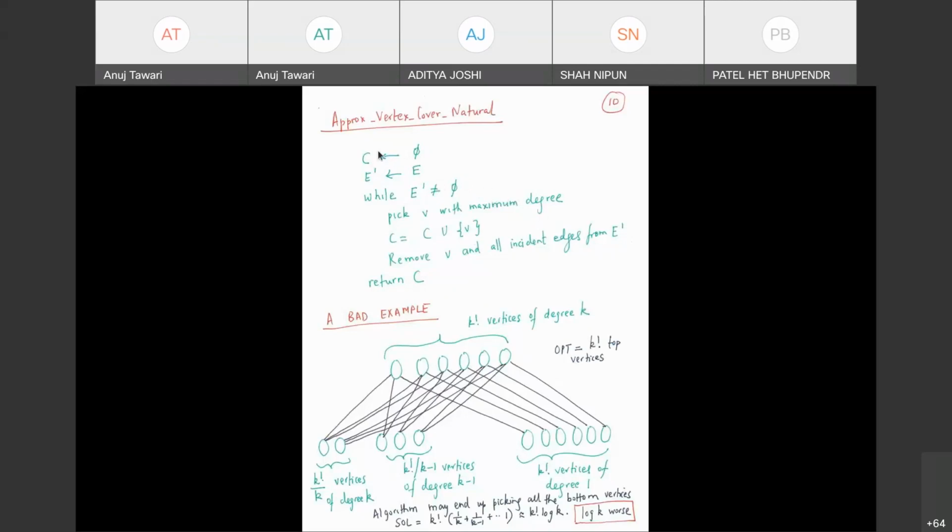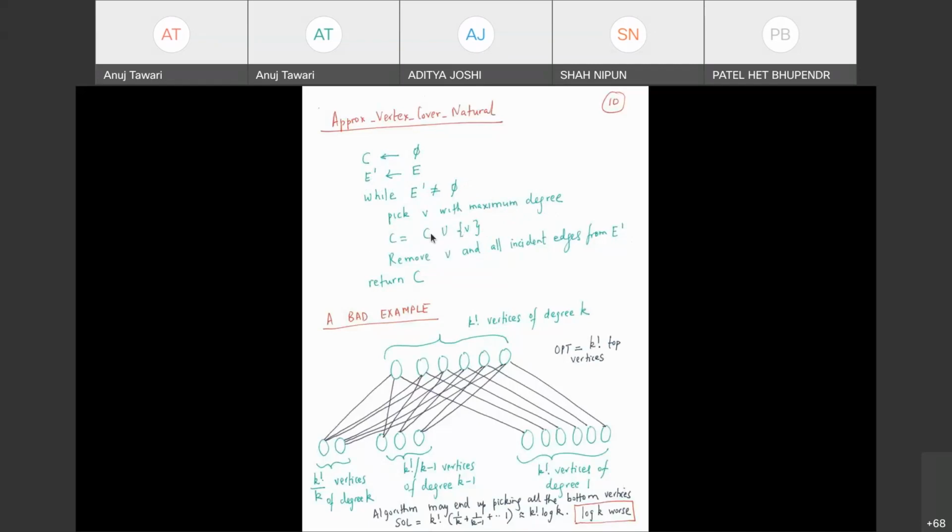So initially our vertex cover did not have any vertex, so C is set to empty, and E prime is the set of edges we have not covered so far. Initially E prime consists of all the edges, and then we pick a vertex with maximum degree and add it to our vertex cover.